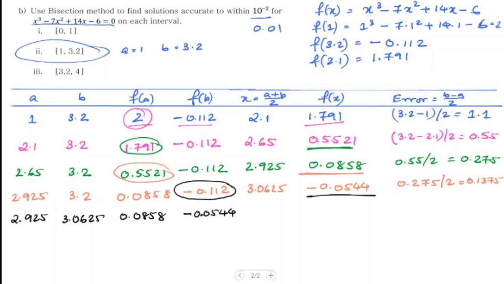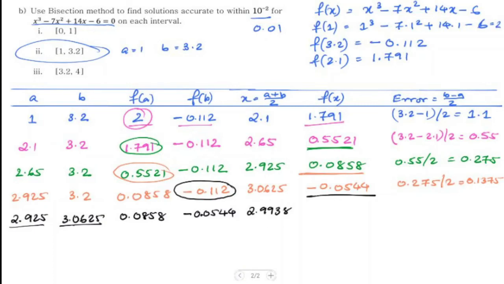So here we have 2.925, and so f of a is also the same, which is 0.0858. And now x will be 2.925 plus 3.0625 divided by 2, and that will give us the value as 2.9938.